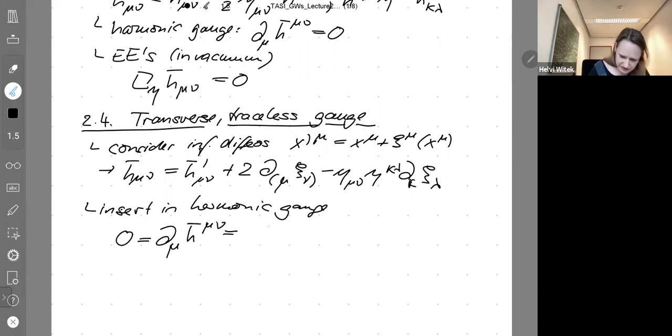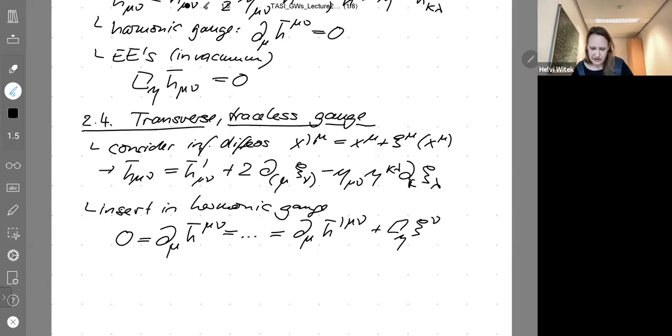If we insert this and do the calculation properly, we find that the harmonic gauge can be written as the divergence of our new quantity h bar prime mu nu plus a box operator, again with a flat space metric, acting on our vector xi mu.